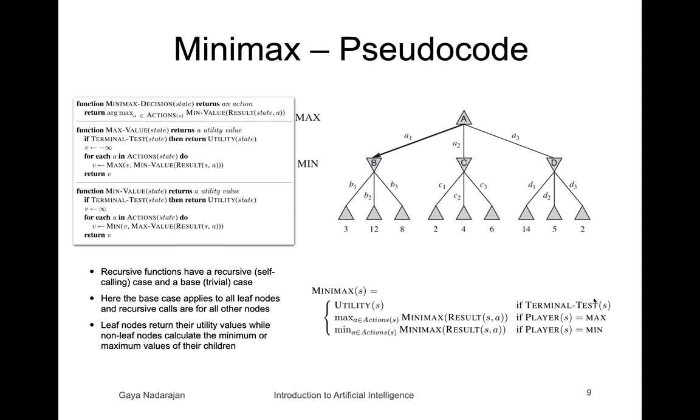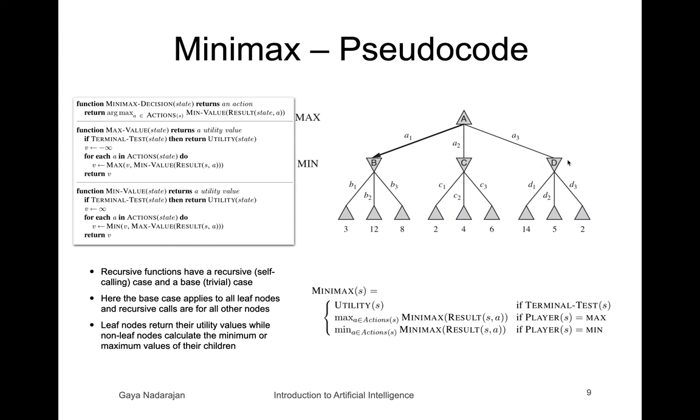First, it's going to test: is that state a terminal state? If it's a terminal state, I'm going to return just the utility value. Basically, if it's one of these, they will just have a utility value, and you just return that value. Say, I'm finishing this game here, and the result of this game is it's going to give Max 3.